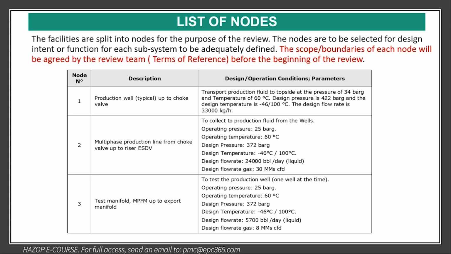This is one node, and we have to write the design and operation conditions. This should be clearly defined in the terms of reference, and then each of these nodes will go through the systematic review of the deviations, etc.